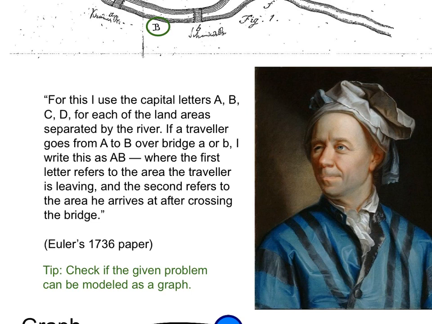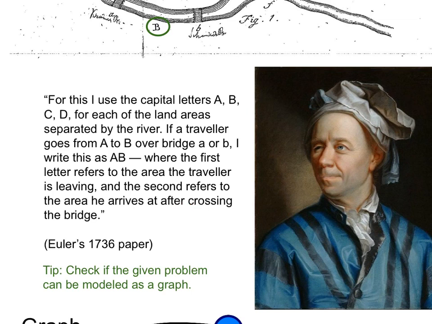In his own words from the paper, I use the capital letters A, B, C and D for each of the land areas separated by the river, and if a traveler goes from A to B, crossing bridge little a or little b, then I write this as A followed by B, where the first letter refers to the area the traveler is leaving from and the second letter refers to the area he arrives at after crossing the bridge.